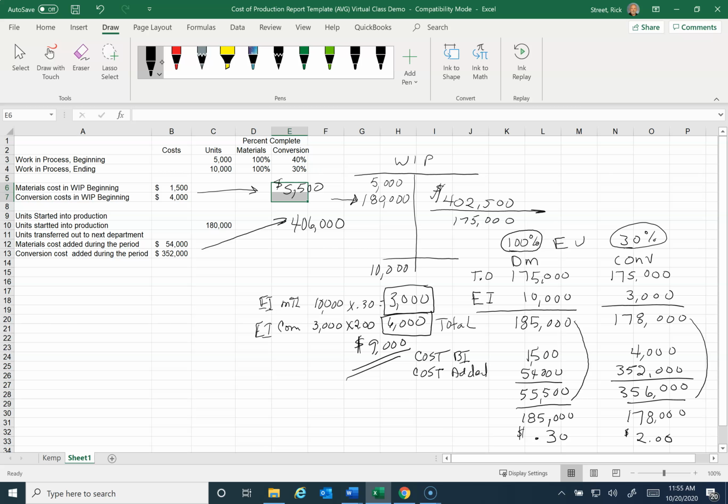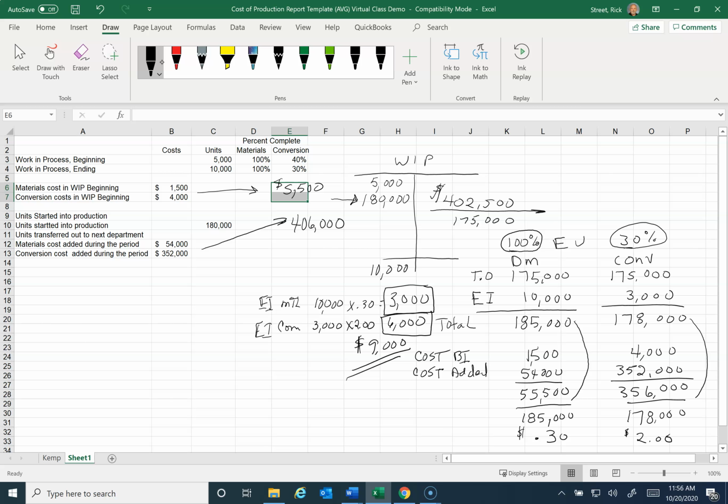If we take that 406 plus the 5,500 and subtract out the 9,000 in the ending inventory that we just figured out a few minutes ago, we come up with 402,500.